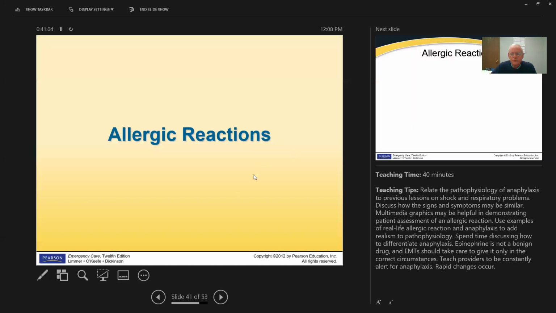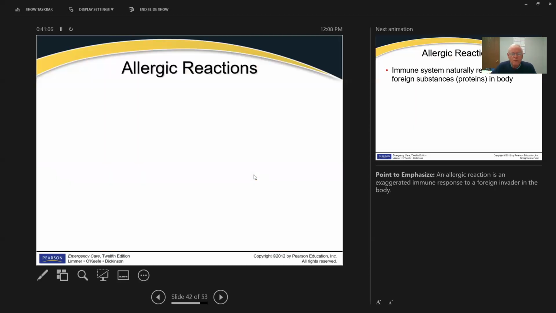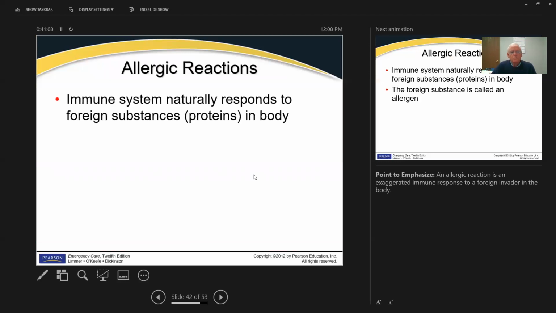All right, allergic reactions. So we have an immune system and hopefully it works correctly. And so sometimes we'll get a foreign substance inside our body, and it would be a foreign protein of some kind. And the body doesn't like it. And the immune system kicks on.